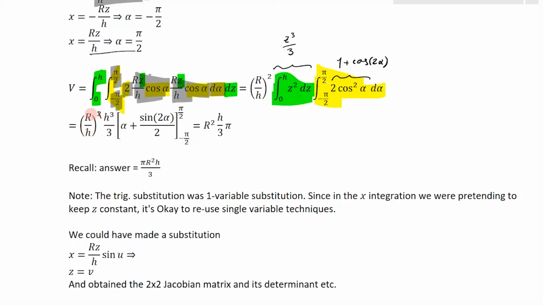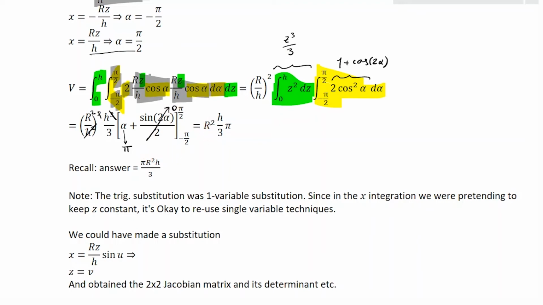You see, this is the same thing as r squared h squared, and this guy partially cancels with this. So then I have r squared h over 3, and then this guy. Now this one will give me pi over 2 minus negative pi over 2, so pi. And when I plug in pi over 2, I get sine of pi, which is 0. And for this guy, we get sine of negative pi, which is also 0. So this part goes away.